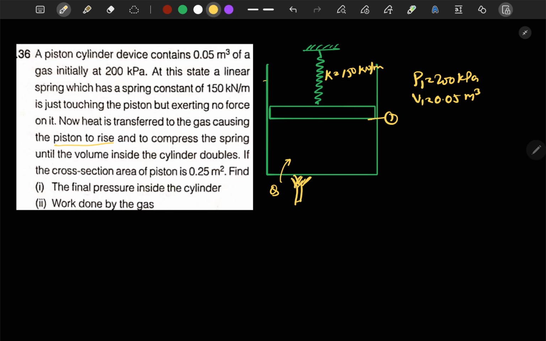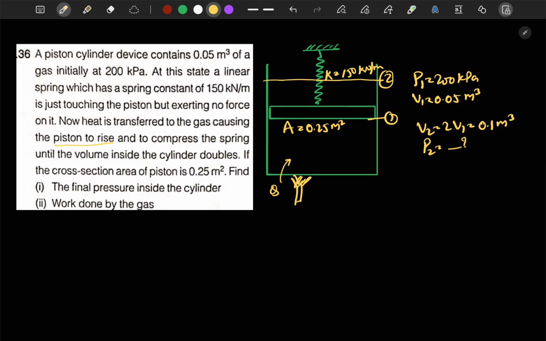So at location 2, we have been provided V2 is equal to twice V1, which is 0.1 meter cube. Now there should be some pressure P2 which we have to calculate, and we have also been given that the area of the piston is equal to 0.25 meter square. Find the final pressure inside the cylinder and the work done by the gas.